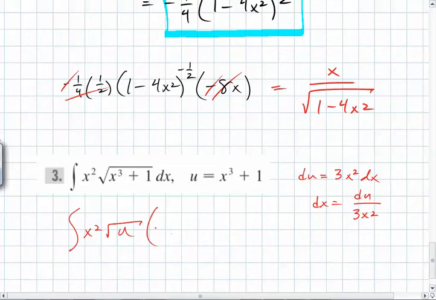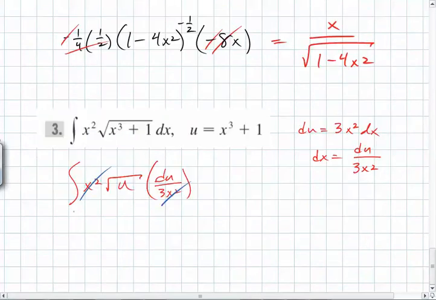But instead of dx, what do you write? du over 3x squared. What cancels at this point? This right here, that canceling, that action right there will make you feel really, really good. Because if you can cancel out and end up with something you can integrate, you're home free. The entirety of what we just did was there so that we could cancel out. So now what do we have?